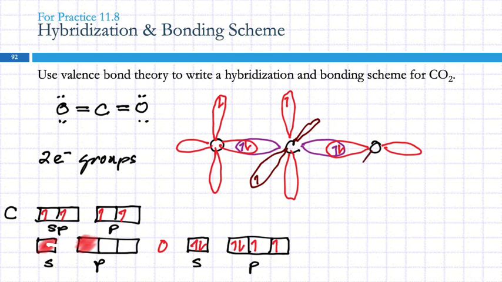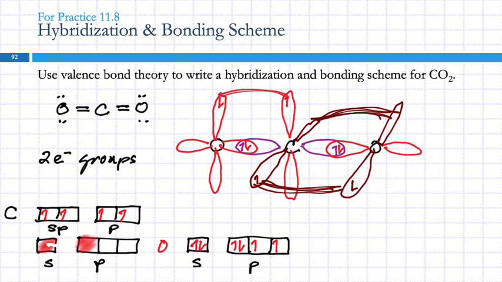And we're going to look at this one sticking in and out. And these can make pi bonds. It's a mess. This is just a mess.